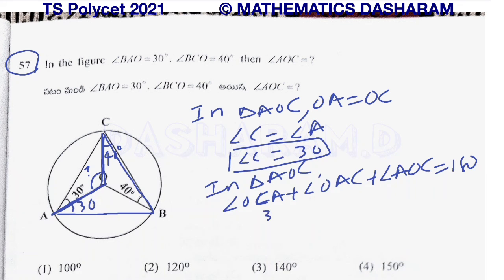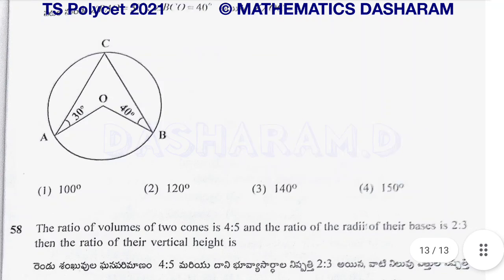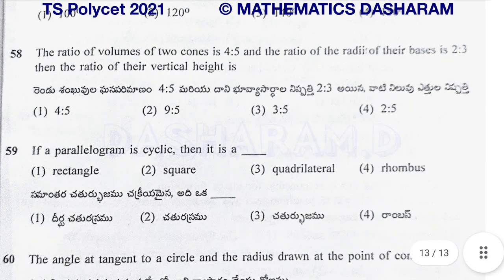Angle OCA is 30, angle OAC is 30, angle AOC is required. So 30 plus 30 is 60, then angle AOC equals 180 minus 60, so it equals 120 degrees. So here option 2 is correct. Next, question number 58.